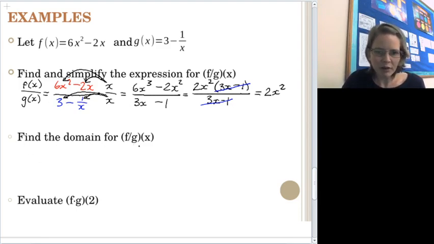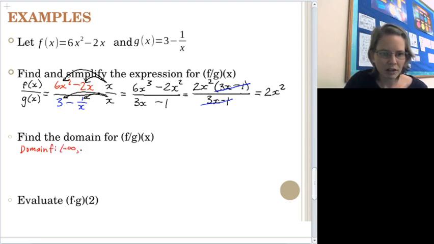Find the domain for f slash g of x. Well, we said these are all the values that are in the domain of f and all the values that are in the domain of g, so it has to be in both of them. And we have a new restriction where g of x, our bottom guy, is not allowed to equal 0. From the previous example, the domain of f was from negative infinity to infinity.